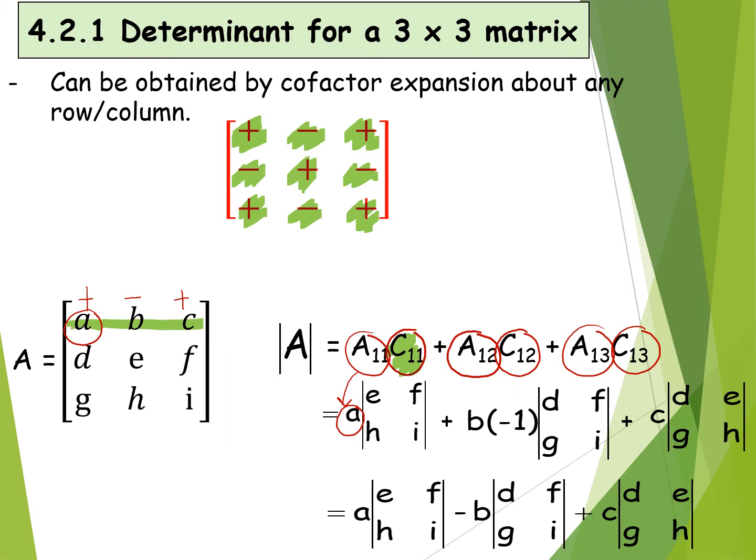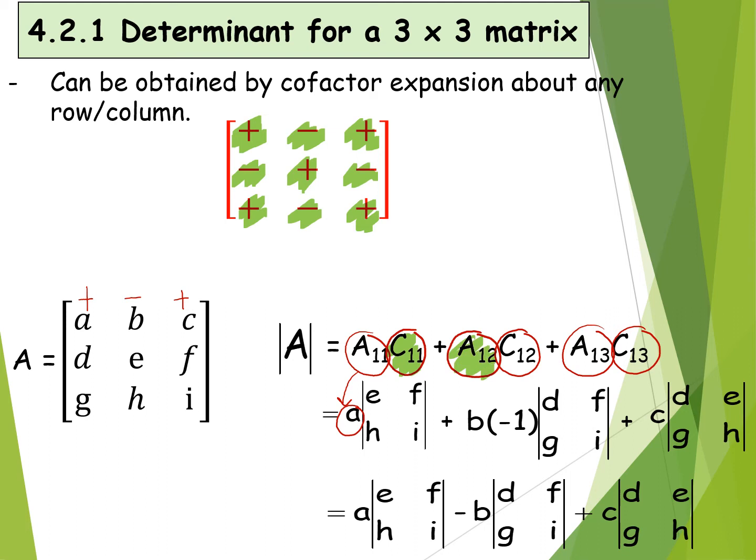is the cofactor of the element in the first row and the first column. So we delete the first row and the first column so that we can define the determinant of E, F, H, I. Okay, next, A12.